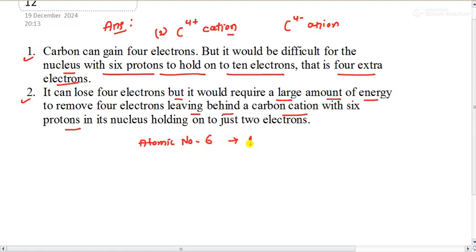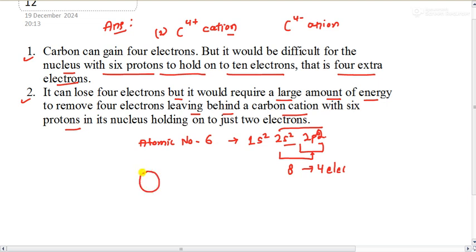Its electronic configuration is 1s2, 2s2 and 2p2. In the second shell the total number of electrons should be 8, but here it is only 4.